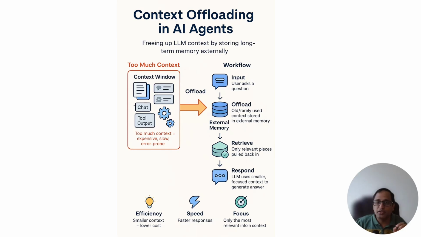The model only sees what matters, which improves accuracy. It is just like any human being. If you're going to a meeting and want to be really focused, you want to look at only the notes relevant to that particular meeting, not all of them. That's what we are doing here. To summarize, context offloading helps agents stay sharp, cost effective, and, most important, focused on the task at hand.